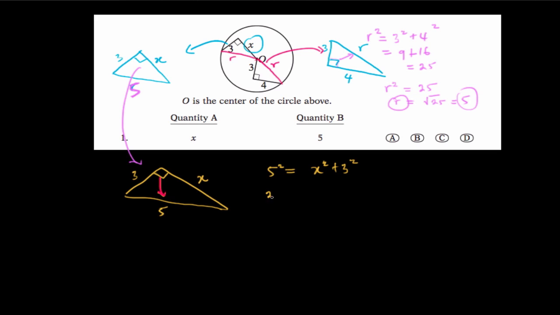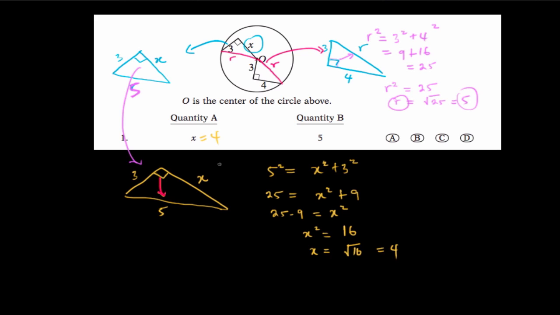So this is going to give you 25 equals X squared plus 9. To find X squared, we're going to deduct 9 from both sides. So you're going to have 25 minus 9 equals X squared, or X squared equals 25 minus 9, that's going to give you 16. So X is going to be the root of 16, and that's going to give you 4.